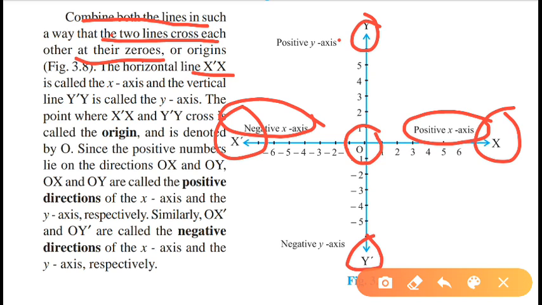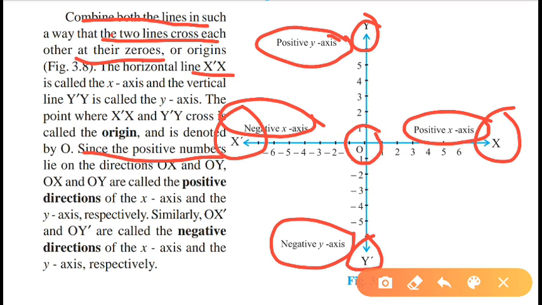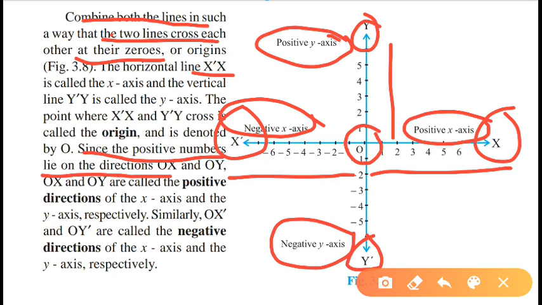It is known as the y-axis, with positive y-axis and negative y-axis. Since the positive numbers lie in the direction of ox, this is your ox, and ox dash is for the negative, oy for the positive, oy dash for the negative direction.